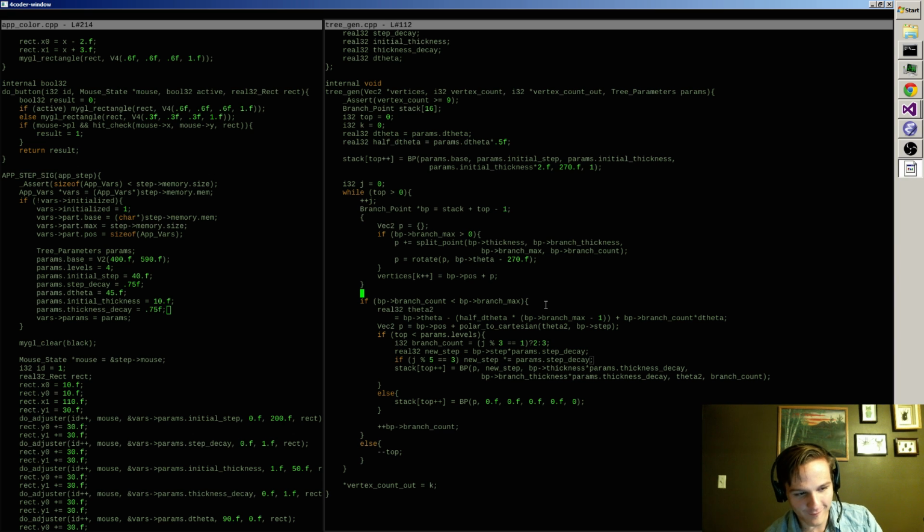So let's see. I need to be able to make one branch smaller and not the whole set, because that's what this is doing. It's one full set of branches. I want to be able to say make some branches small randomly. So the thing to do.